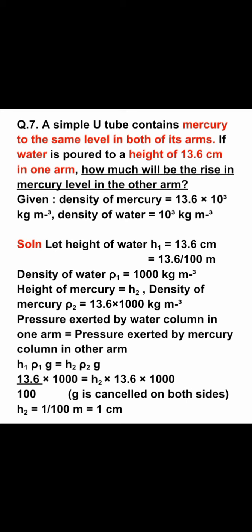Here we have not written G because G is cancelled on both sides. Now after simplification we will get H2 equals 1 by 100, because 13.6 is cancelled from both sides, and 1000 is also cancelled from both sides. So H2 will remain 1 by 100 meter, which equals 1 centimeter.